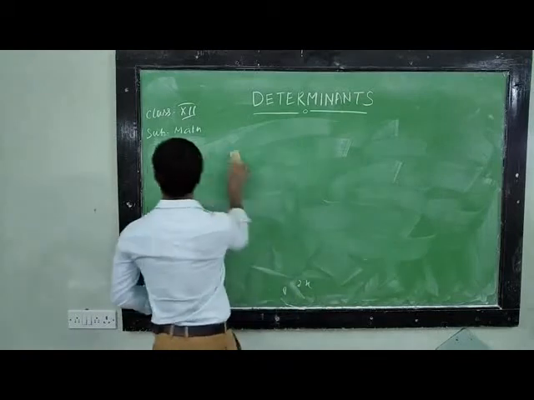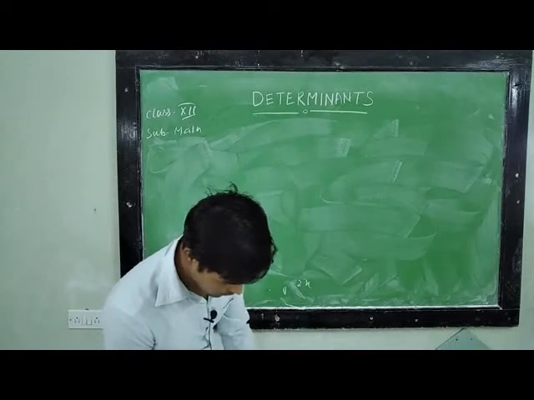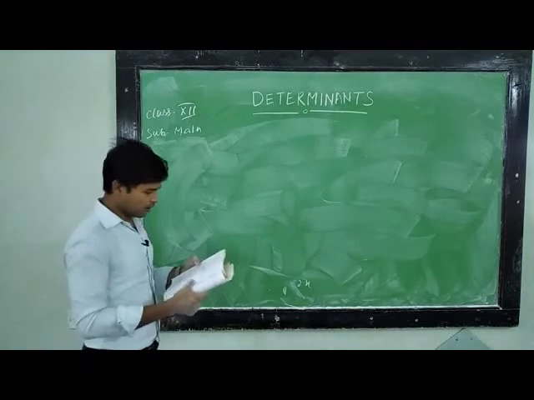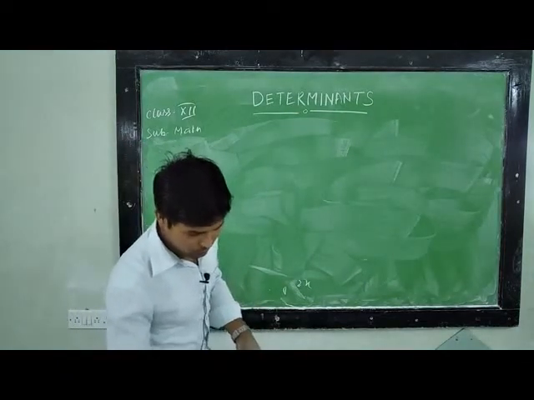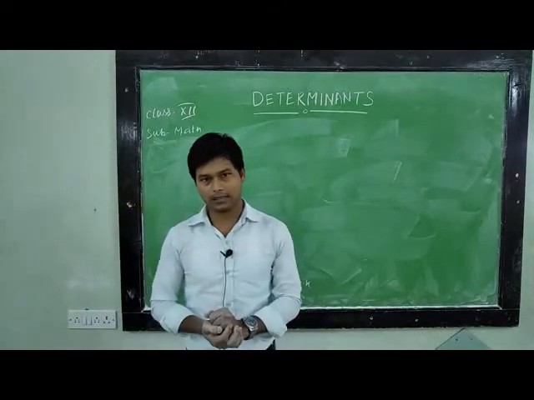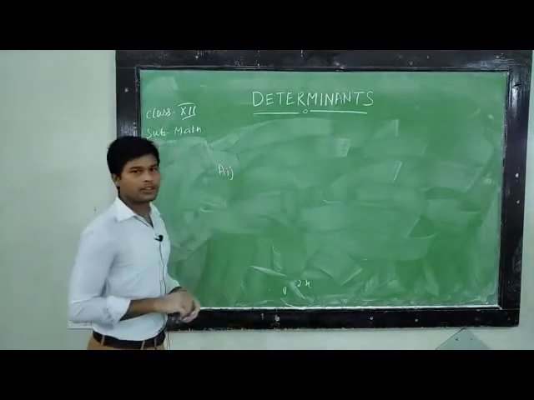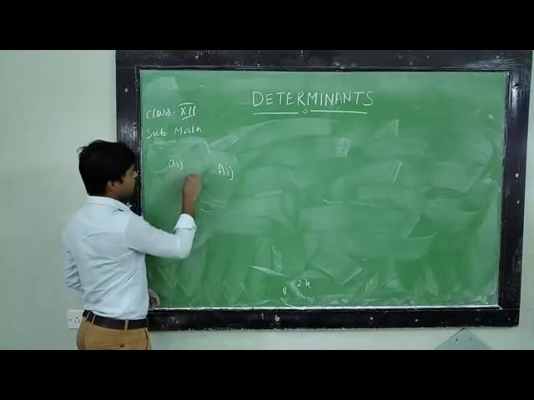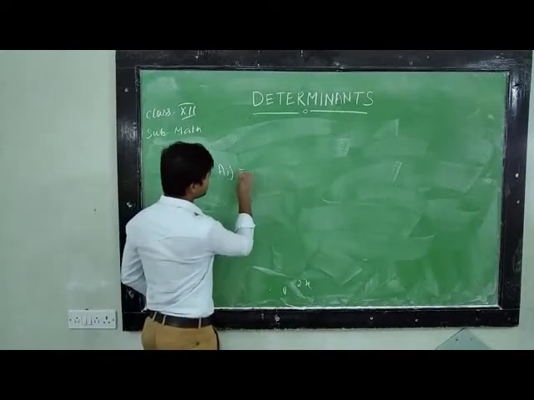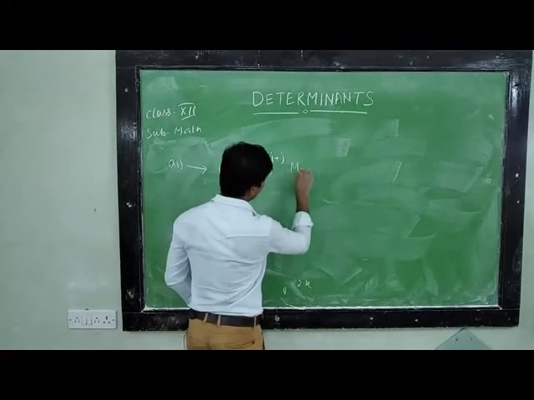So let's see one example: write the minors and cofactors. I'm telling the cofactor also. What do you mean by cofactor? The cofactor of an element Aij is denoted by capital Aij and is defined as Aij equals (-1) to the power i plus j into Mij.